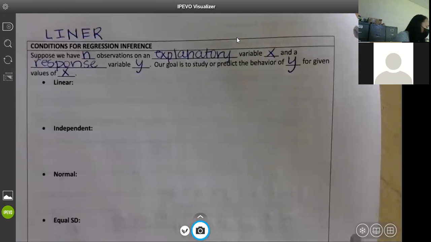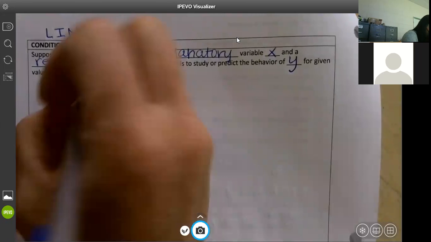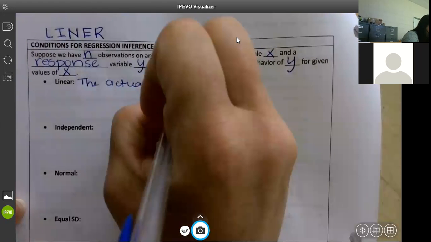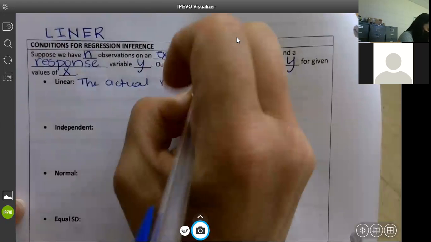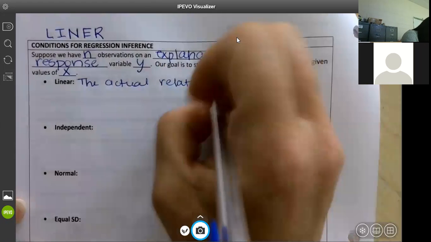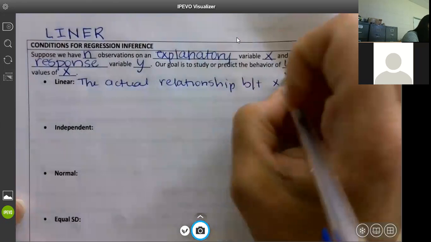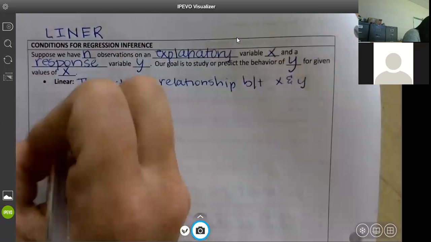Okay. So linear: the actual relationship between x and y is linear.